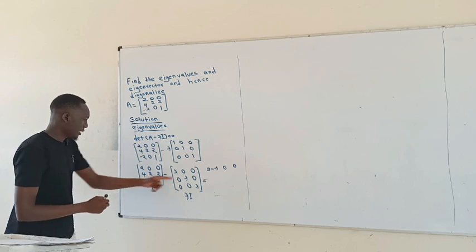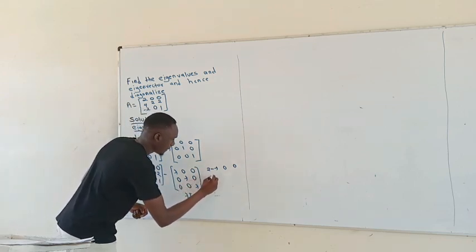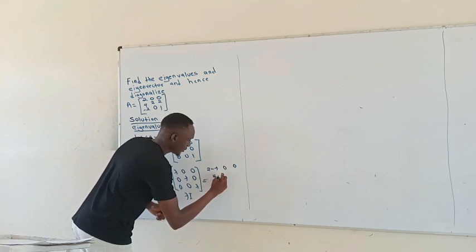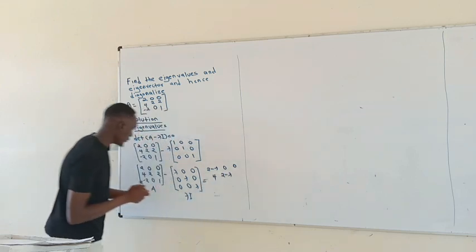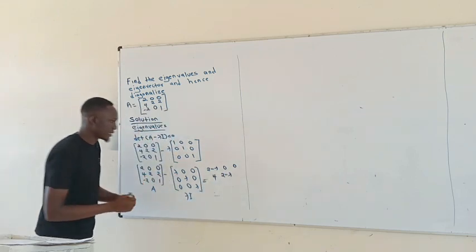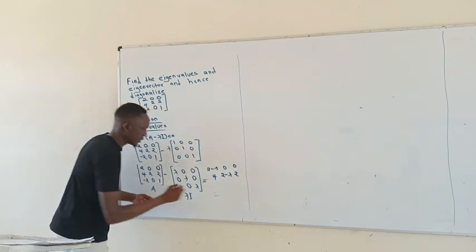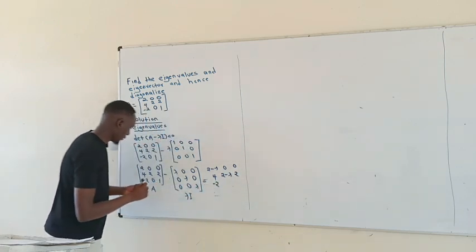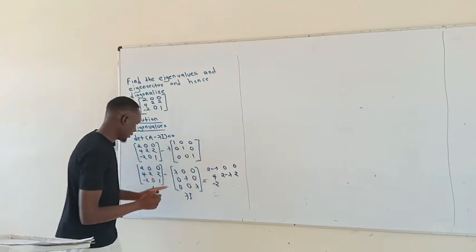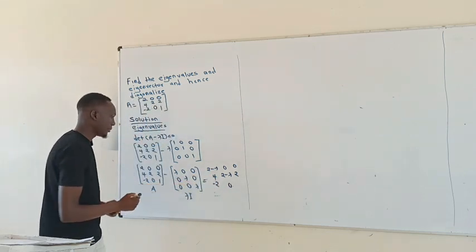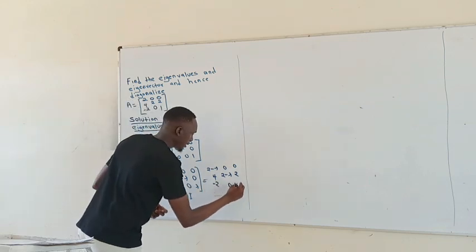Then here we have 4 minus 0, which is 4. We have 2 minus lambda. We have 2 minus 0, which is 2. Then here we have negative 2 minus 0, which is negative 2. Here we have 0 minus 0, which is 0. Then 1 minus lambda.